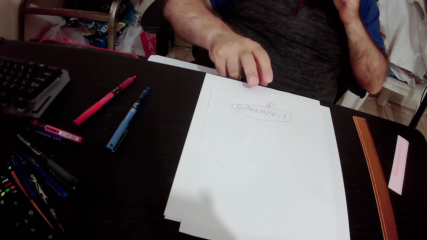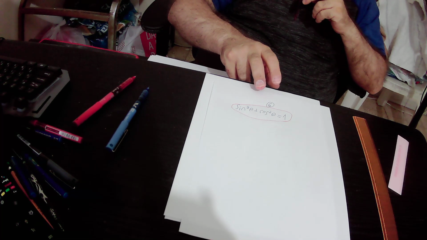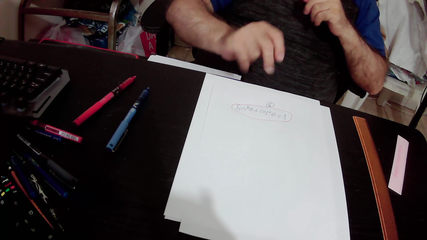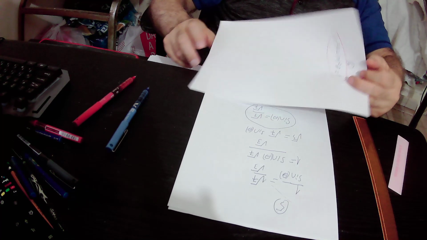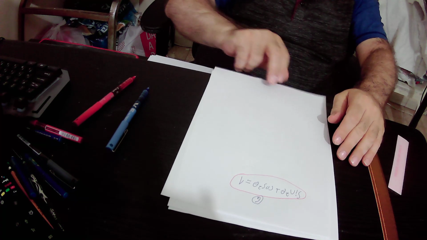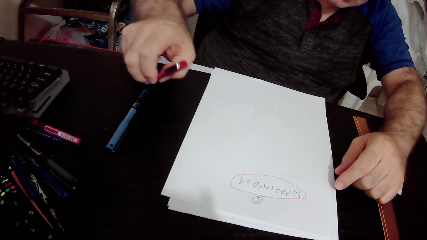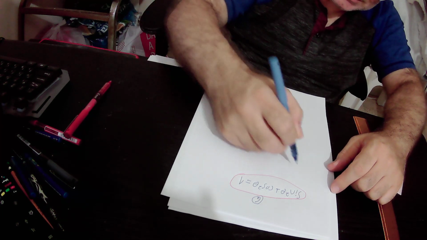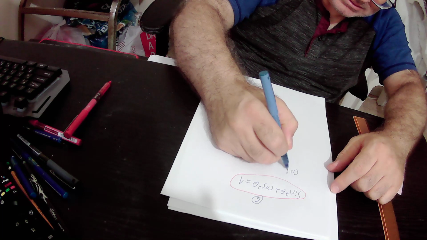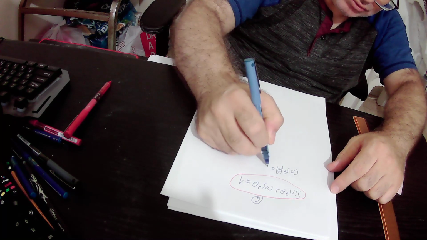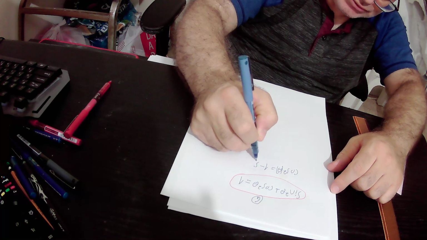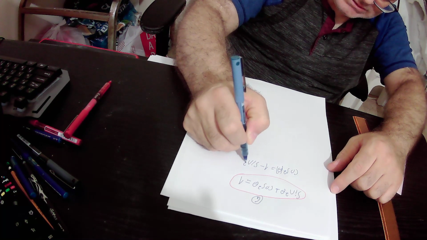From this trigonometric identity we will subtract sinus theta squared and we will get that cosinus theta squared equals 1 minus sinus theta squared.